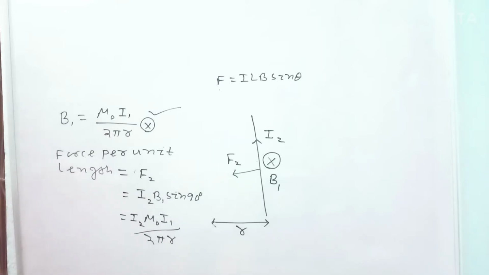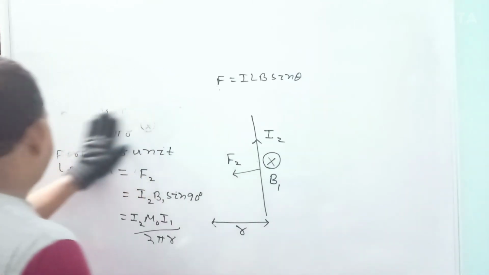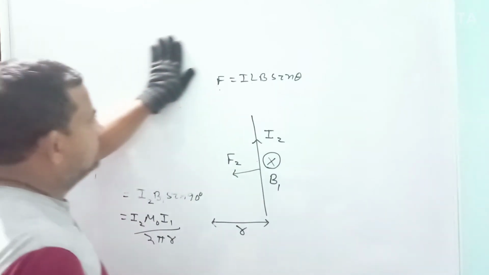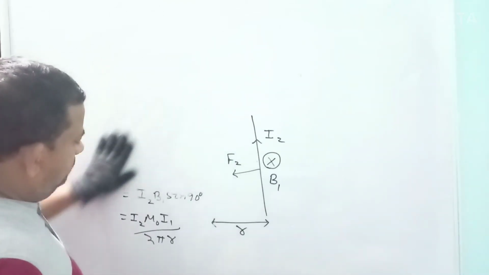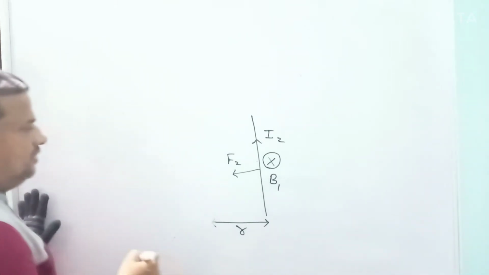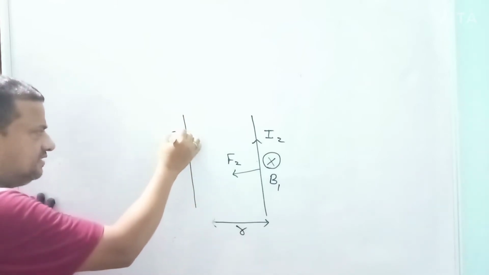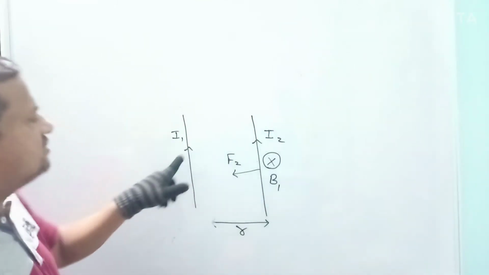Now students, we consider it in a reverse way. So now you see, here is the first conductor, that is I1. Now for this conductor, what is the magnetic field here?